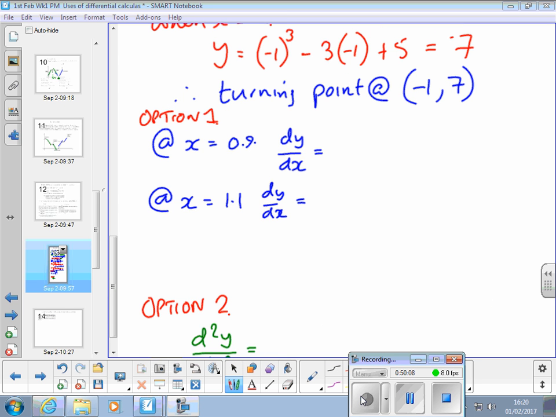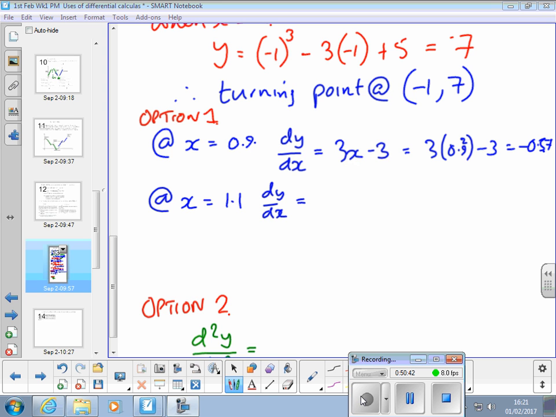So just going through this, dy by dx is 3x squared minus 3. So at 0.9, that's 3 times 0.9 squared minus 3 equals what? The answer to that is minus 0.57.